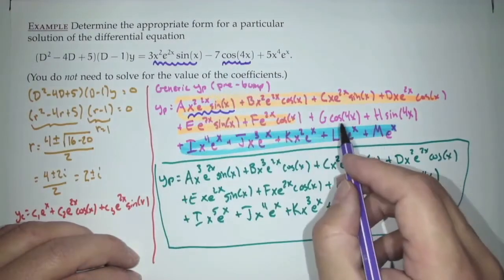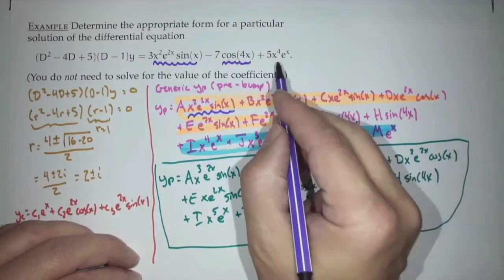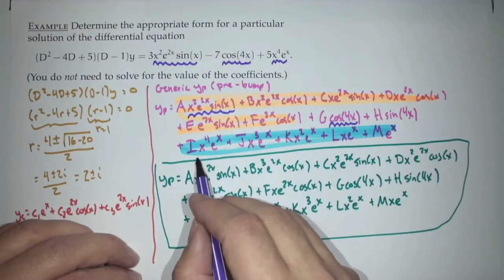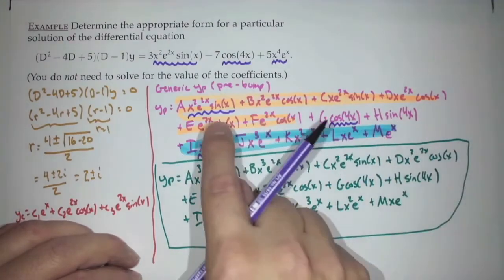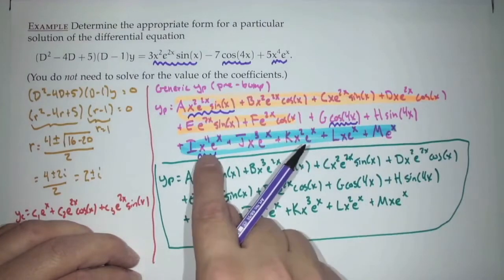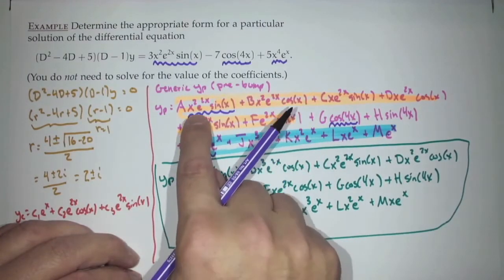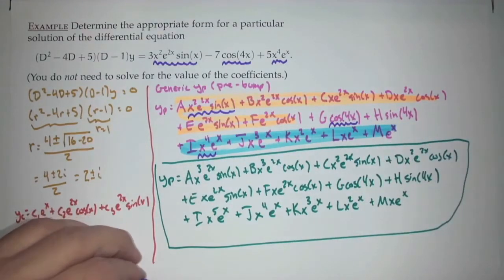So this cosine 4x, you have that piece, and then you have to have the pair. The x to the 4th e to the x, you have this piece, and that determines everything here. Those 3 parts are going to be part of my solution, and then my other 2 rules force the other pieces to fall in place as well. So that's how you figure it out.